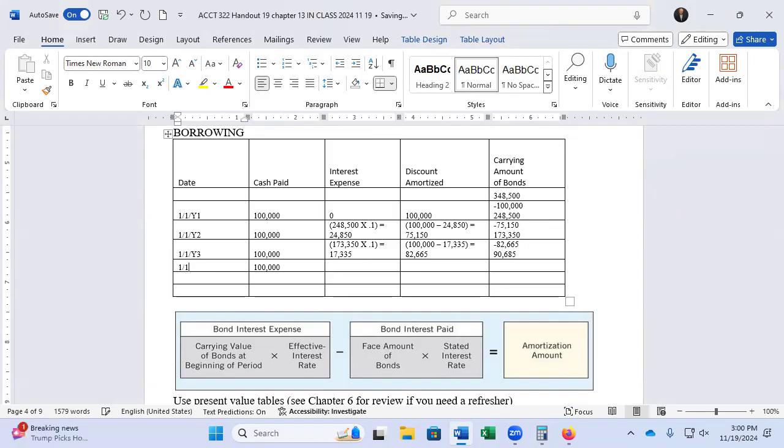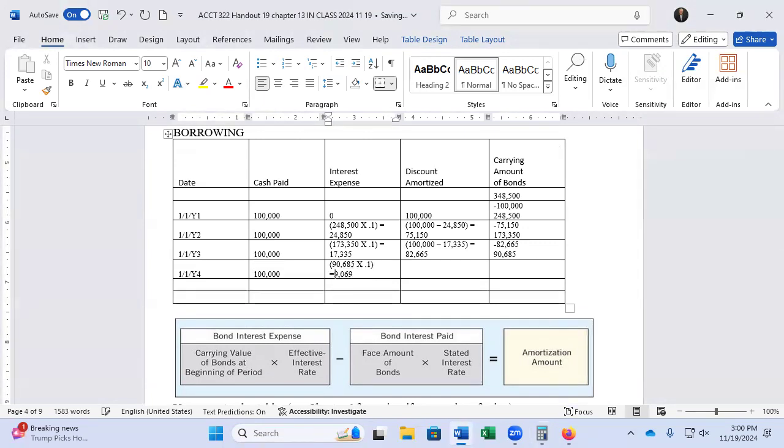And so our last payment, year 4, we have interest of 9,069. And that's the 90,685 times 0.1. And so now we have 100,000 minus 9,069.